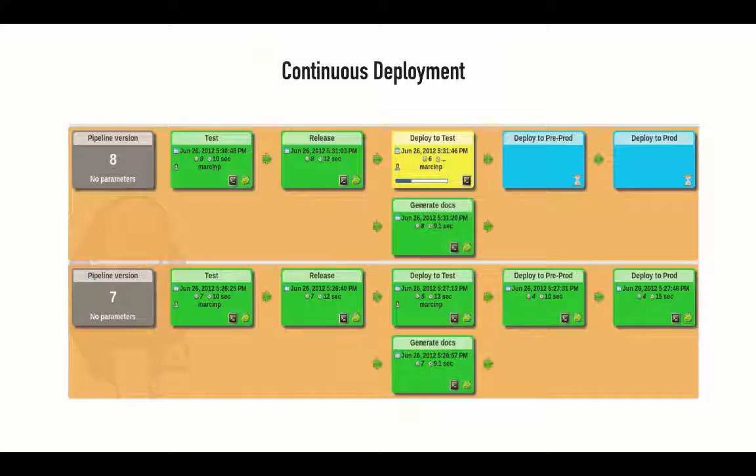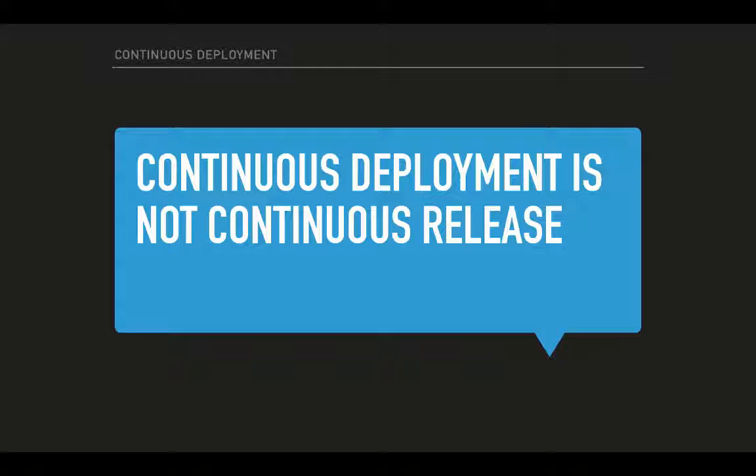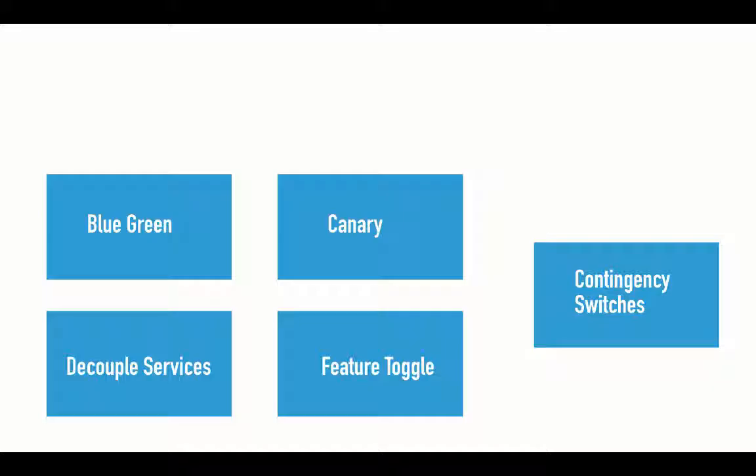Now, with continuous deployment, there's one more catch. Continuous deployment does not mean you're releasing continuously. There are a lot of different methods of releasing, right? You can do blue-green. Even if your code is in production, it may not be active. Deploying is putting it in production. And that's where you reduce the risk by deploying frequently. So when I did this session in Singapore, there was a question like, we don't deploy 100 times a day.